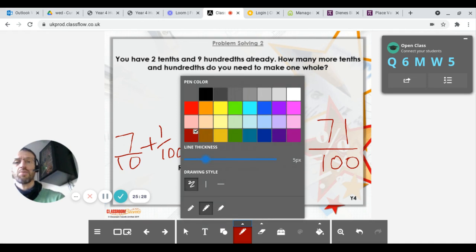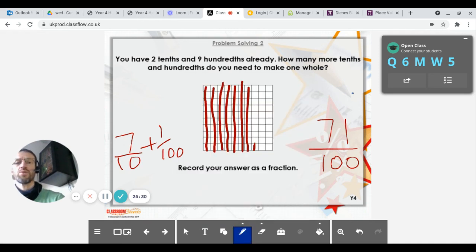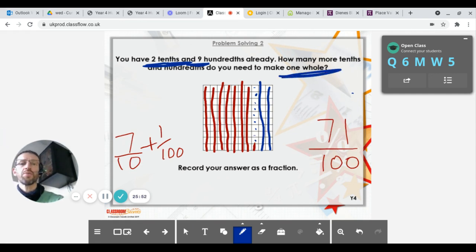And if I take a blue one, for example, and this is what they told us we have already, we have 2/10 and 9/100ths. So here's 1/10, 2/10, and then 9/100ths. 1, 2, 3, 4, 5, 6, 7, 8, 9. It makes one whole.